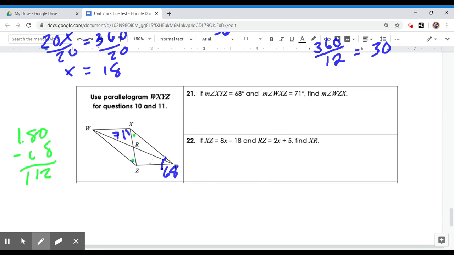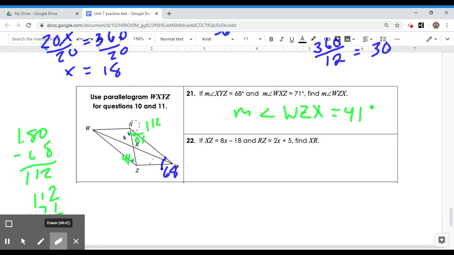So this whole angle is 112. Then 112 minus 71 leaves me this little green dot that I drew here. 112 minus 71 equals 41. So this green dot is 41. Since these are alternate interior, that's also 41. So the measure of angle WZX equals 41 degrees.